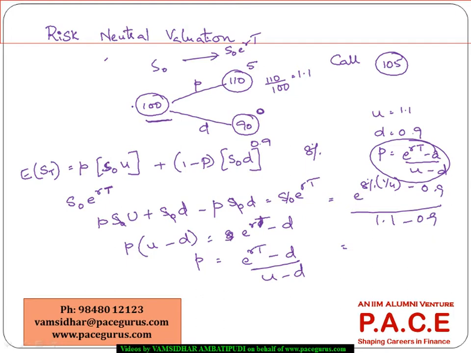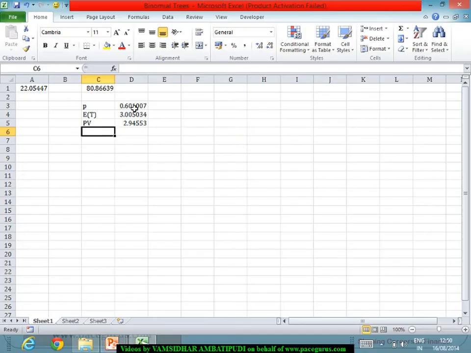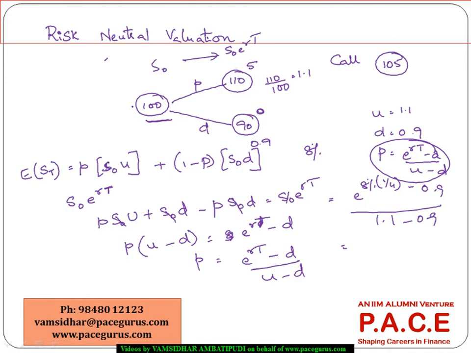So what we are saying is, if I'm using the risk neutral valuation mechanism also, the price of the call option is going to be more or less similar. So this is the typical way we can evaluate the worth of the call option using a single binomial tree approach.